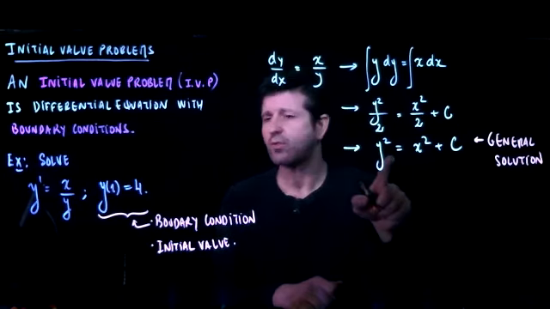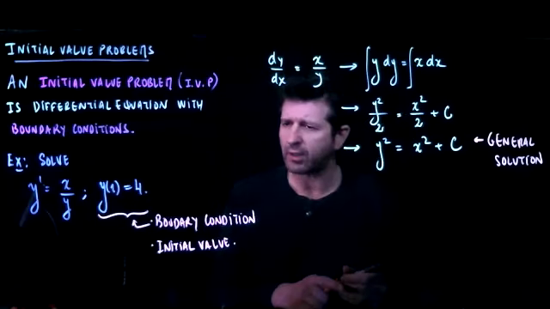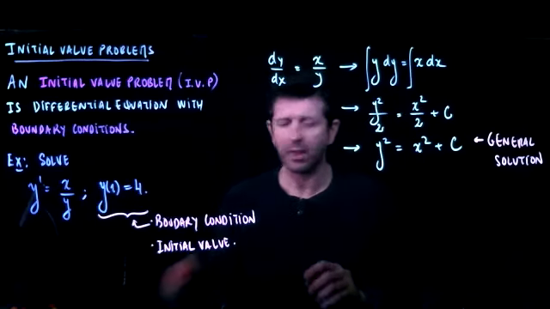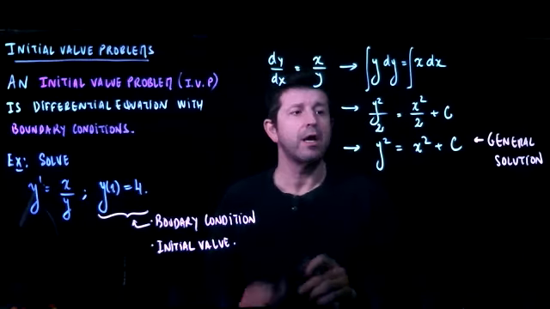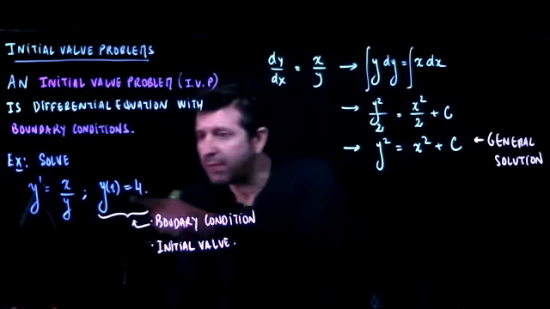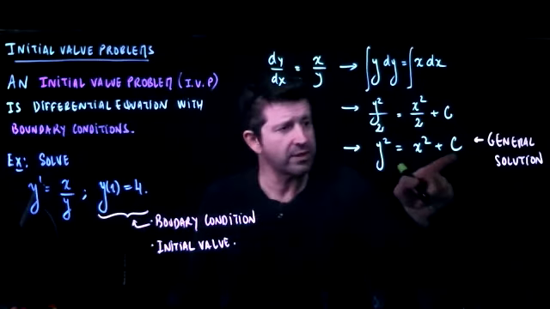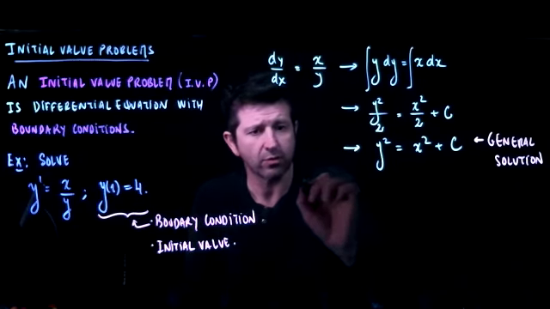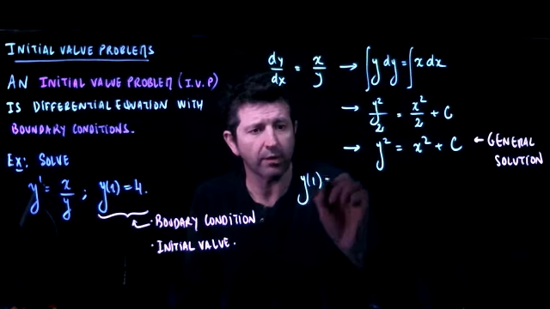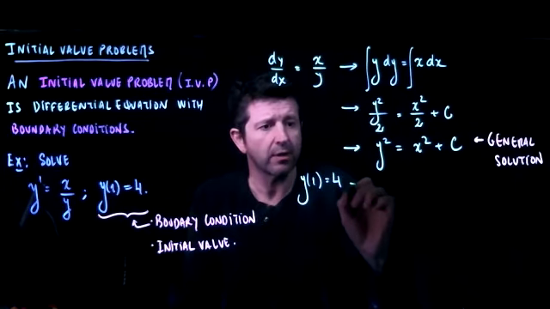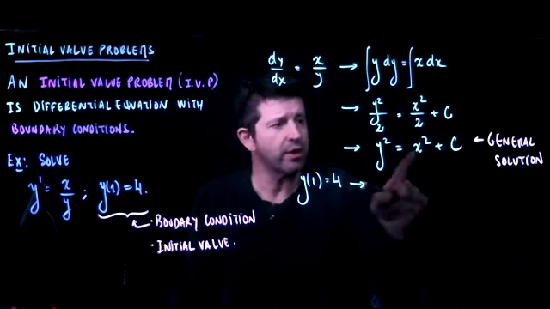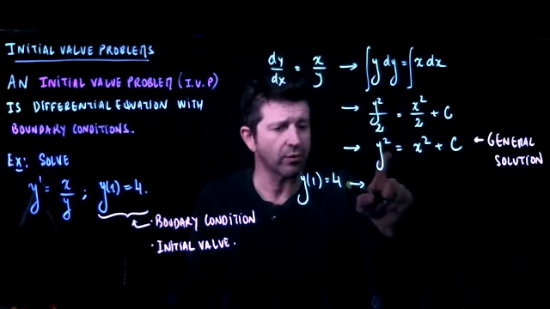Okay, so I could isolate y. I'm not going to do it right now. I'm going to leave it implicit. And now I'm going to use my boundary condition to find what c is. Okay, so y of 1 is equal to 4. That means that if x is 1, y is 4.